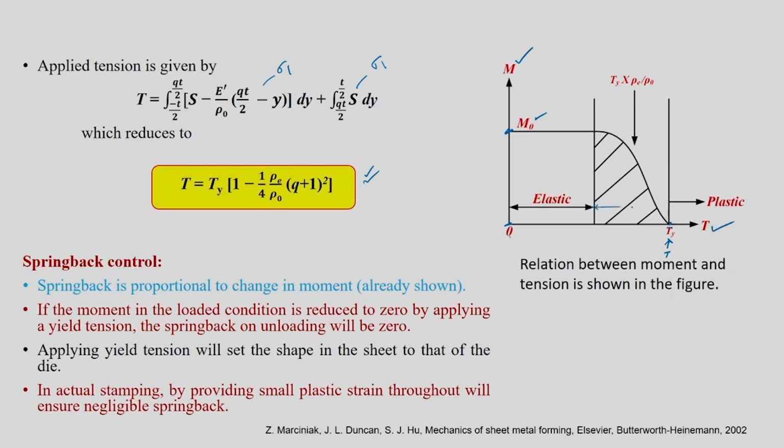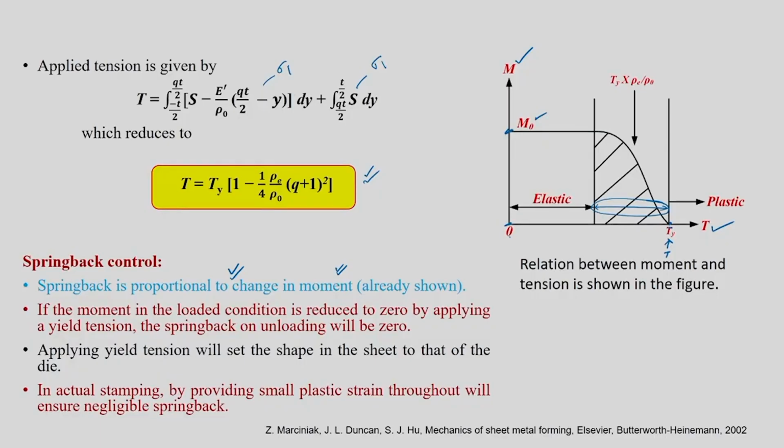Between elastic and plastic, this particular region is very important for us, because it tells you something which is responsible for spring back control. We know that spring back is proportional to change in moment, which we already discussed, relating change in moment to del 1 by rho.